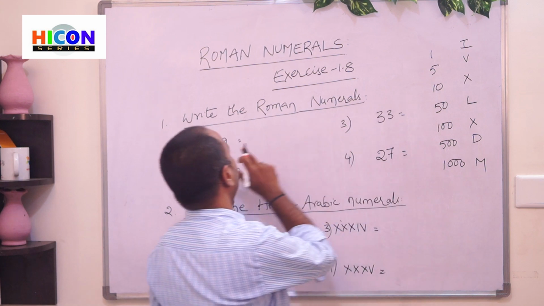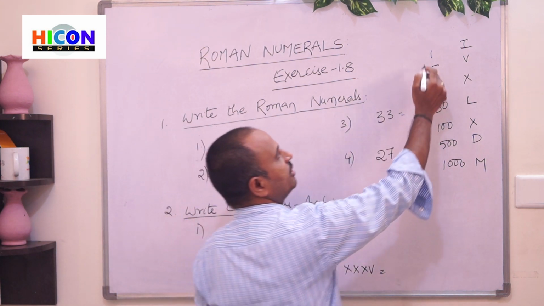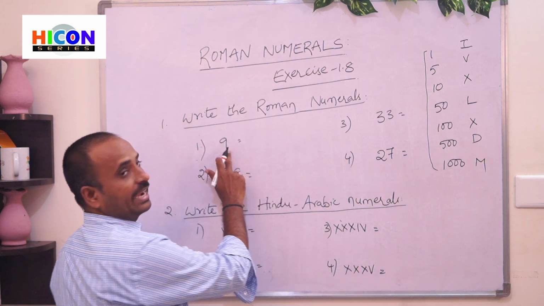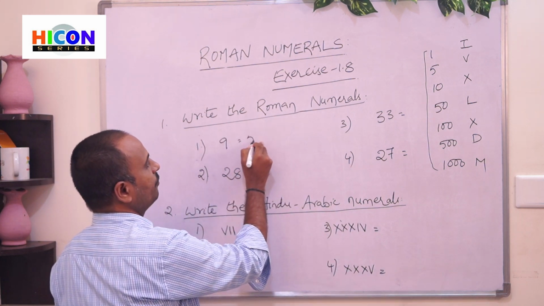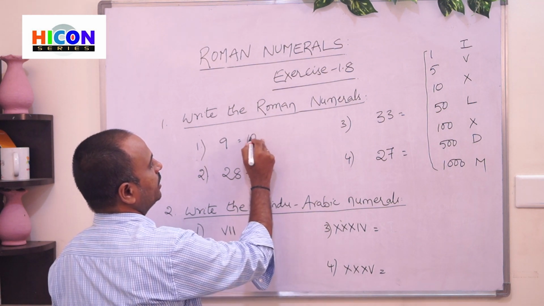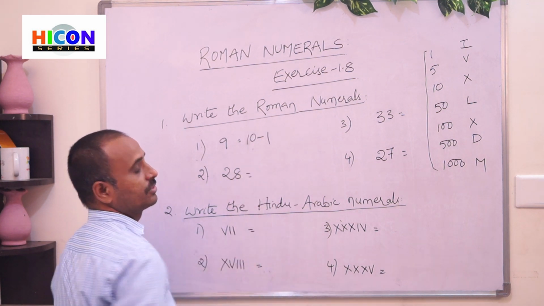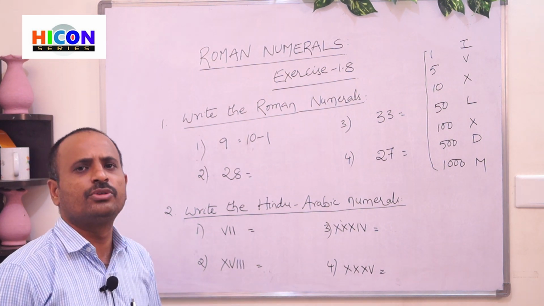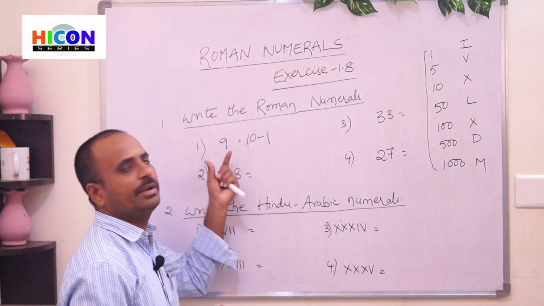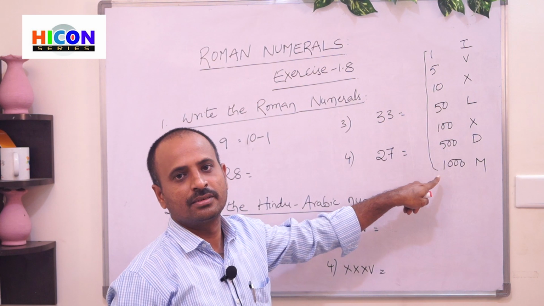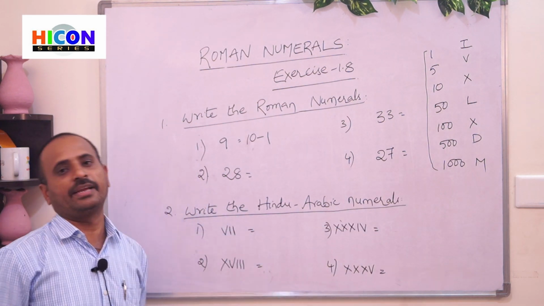So before we convert the Hindu-Arabic system into Roman numerals, we have to split the given number in terms of these values. That means 9 can be converted into 10 minus 1. So 9 can be written as 10 minus 1. You have to convert the given number into these symbols by addition or subtraction.